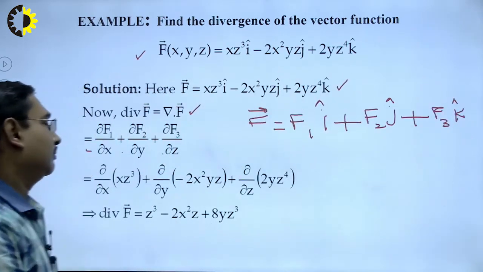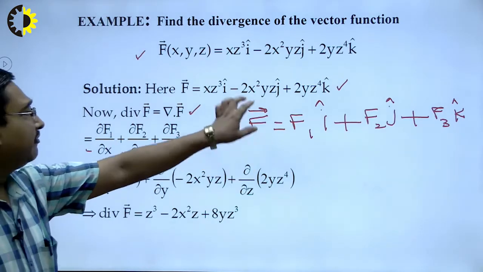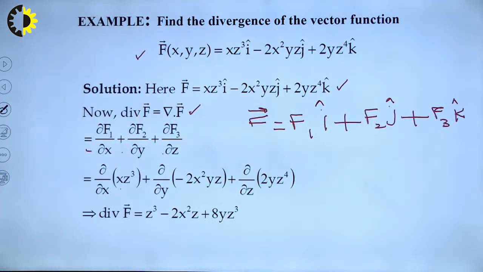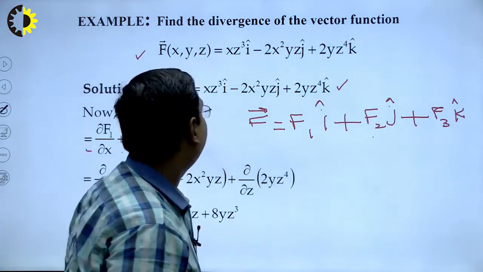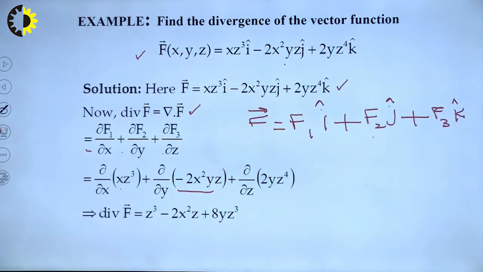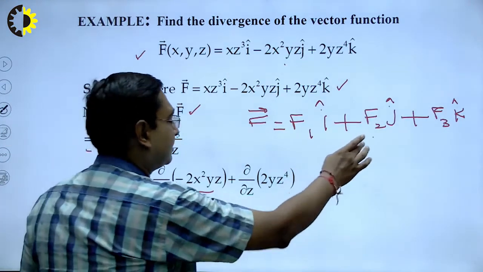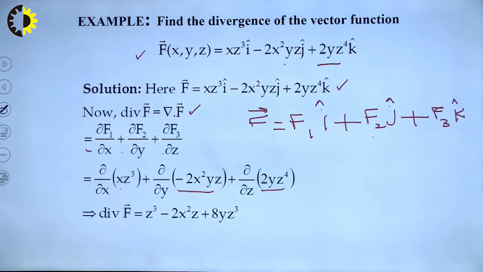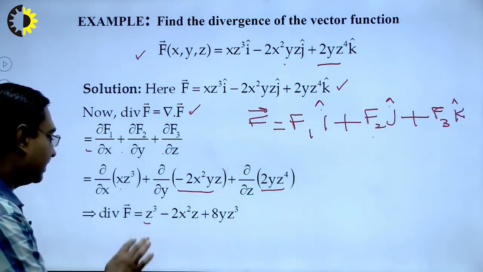f3 k cap. Here the value of f1 is xz cube, therefore del upon del x of xz cube. Value of f2 is this term, therefore del upon del y of minus 2x square yz, plus del upon del z of the third term 2yz raised to the power 4. This is partial differentiation with respect to x, so it gives z cube.